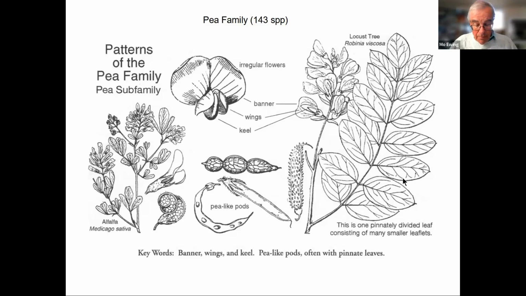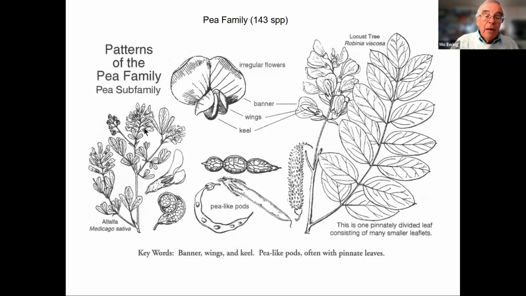So one thing to note is that in Weber and Whitman and Ackerfield, none of them break this down into tribe. They don't do the tribes and subfamilies, but they do break them down by keys.